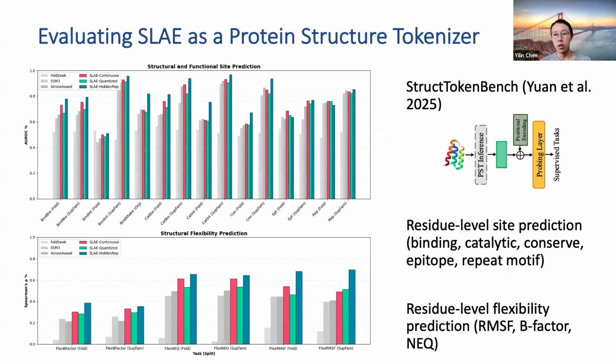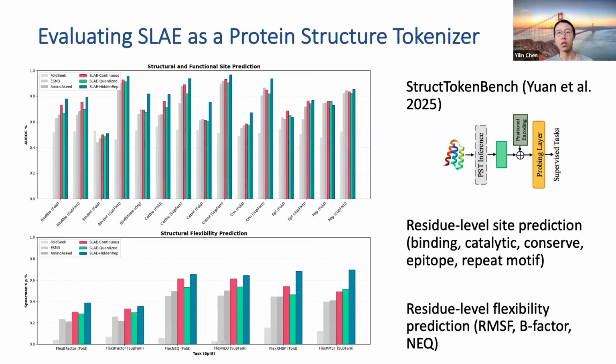Then we can evaluate this trained SLAE autoencoder as a protein structure tokenizer. There's a recent benchmark on this topic called StructTokenBench. Essentially, you give a structure and pass it through a protein structure tokenizer, which in our case is SLAE, and then it adds a probing layer to train the model on some supervised tasks.